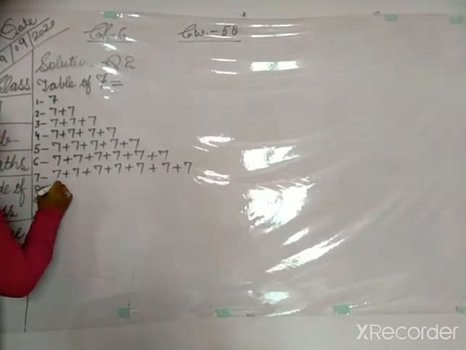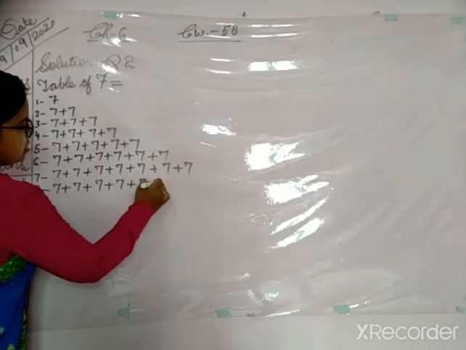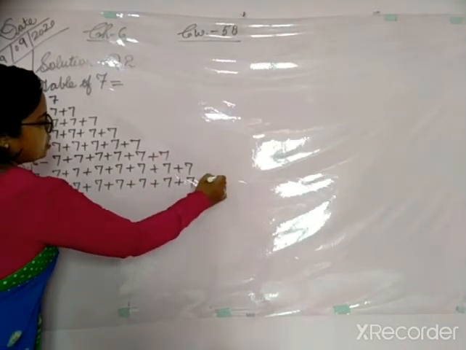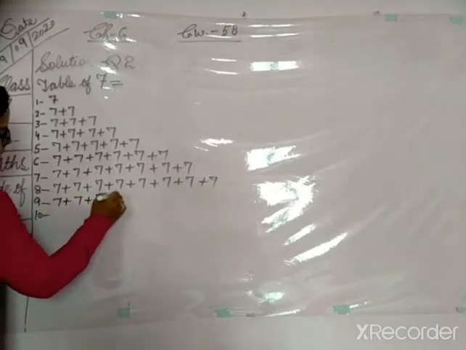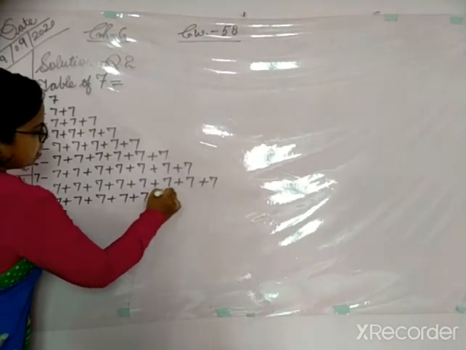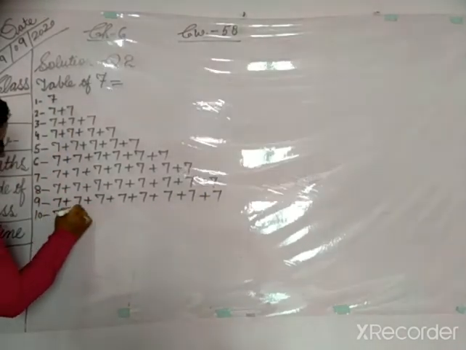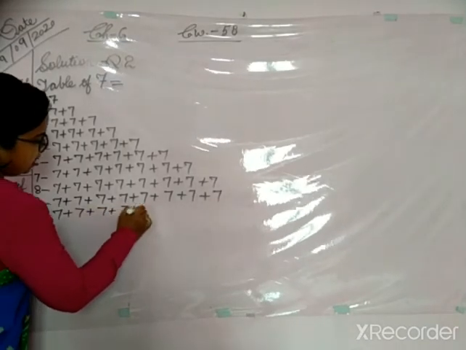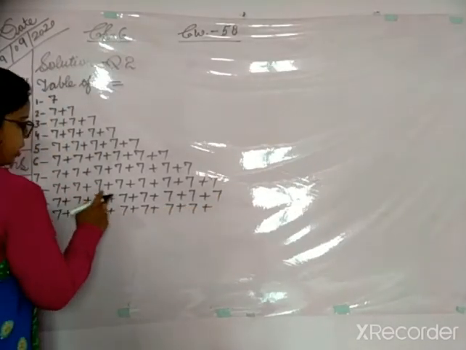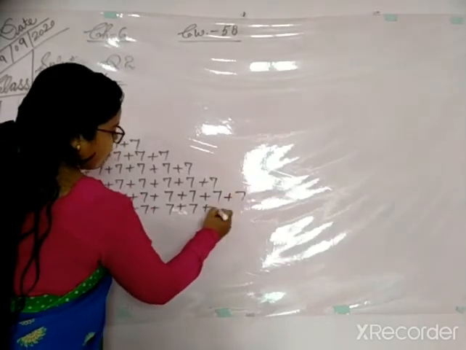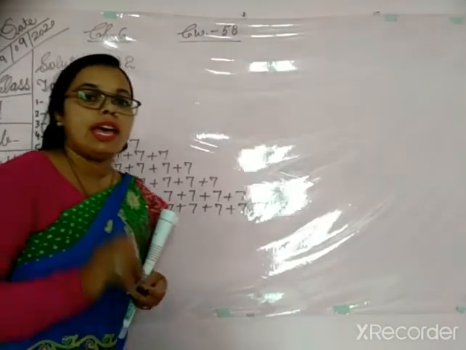Now 8 times 7, you write 7 added eight times. 9 times, you write 7 added nine times. 10 times 7, you write 7 added ten times. Now your table of 7 is completed with the help of repeated addition.